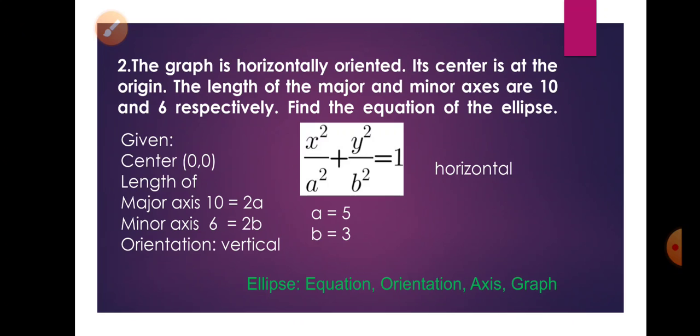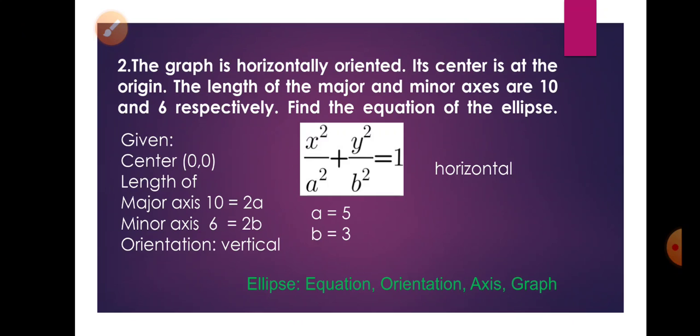Now what if the graph is horizontally oriented? If it is horizontally oriented, we will make use of the formula x squared over a squared plus y squared over b squared is equal to 1. Still our major axis is 10, which is equal to 2a, and our minor axis is 6, which is equal to 2b.